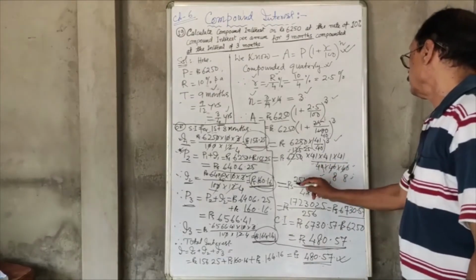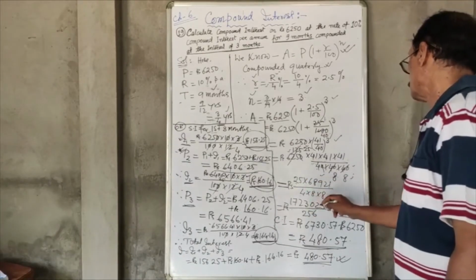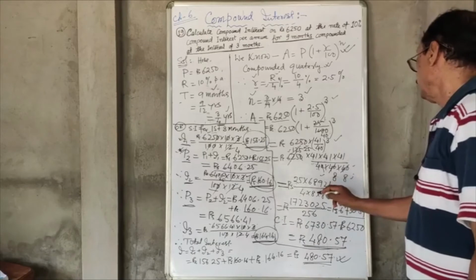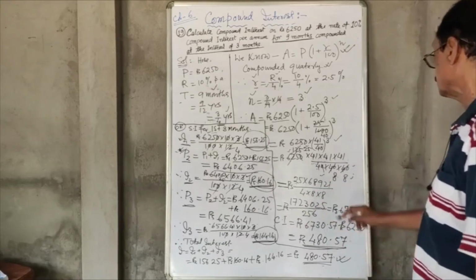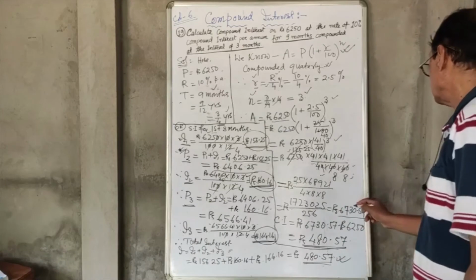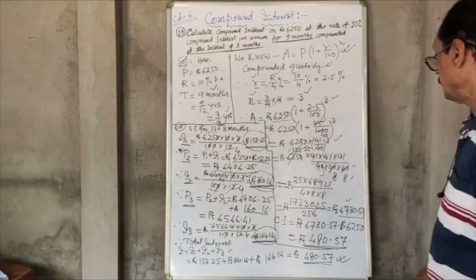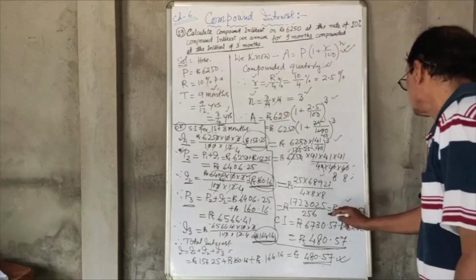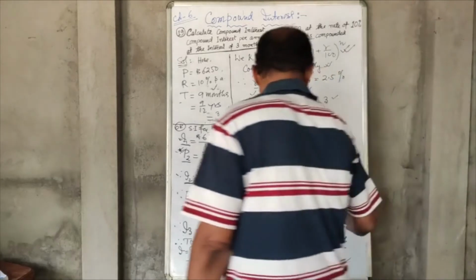Multiplying 25 into this number gives 1,723,025, divided by 4 into 8 into 8, which is 256. After dividing, we get 6,730.57. So this is the amount. 6,730.57 is coming as the amount.